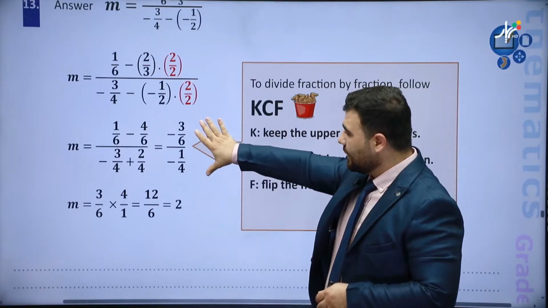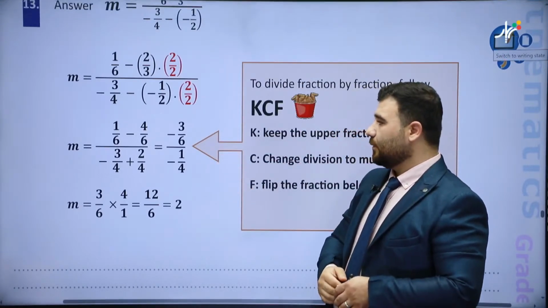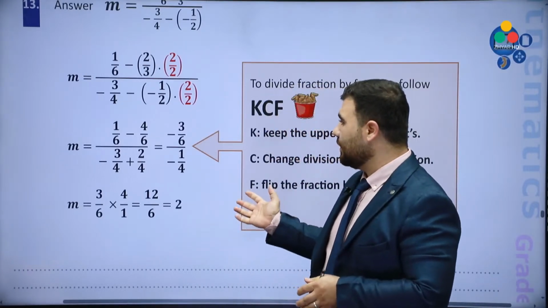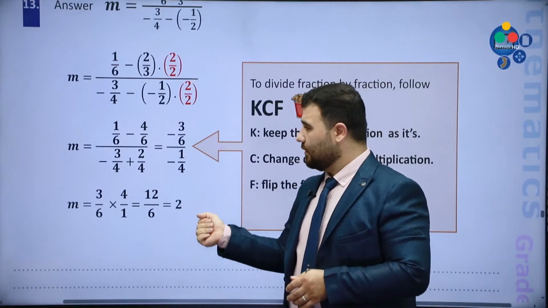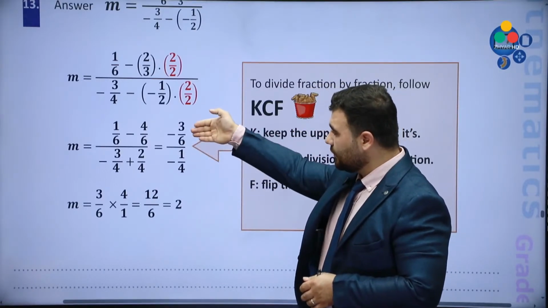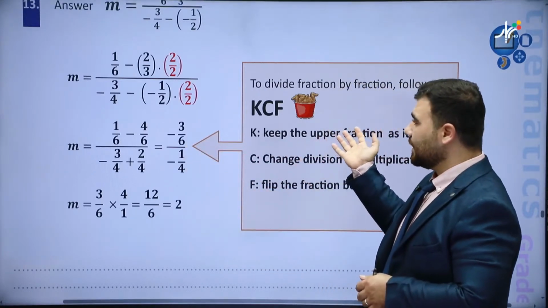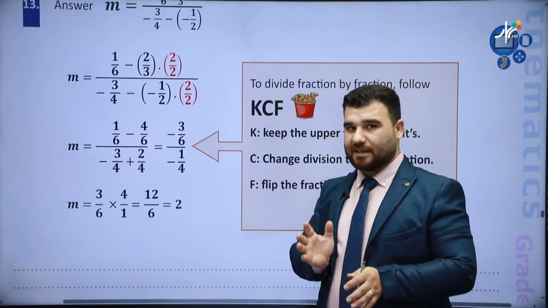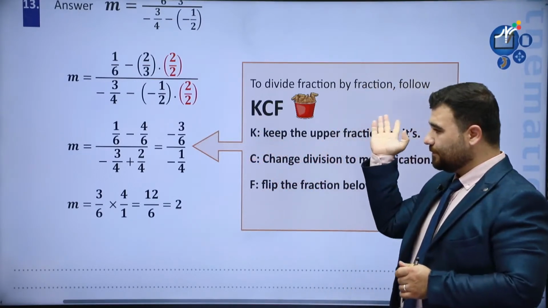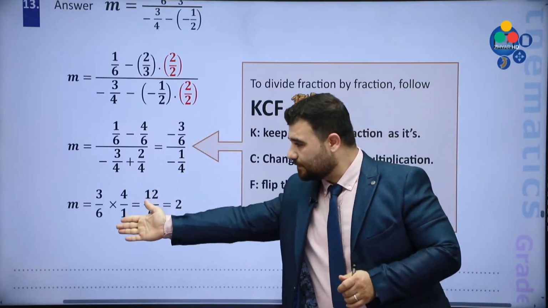Now what I have here is fraction divided by fraction. Whenever you see this, you cannot do this by calculator all the time. See the actual way. Fraction is division. Then I have a fraction, divide by another fraction. Follow KCF. K means keep the upper fraction. Negative 6 or negative 3 over 6 is the same.